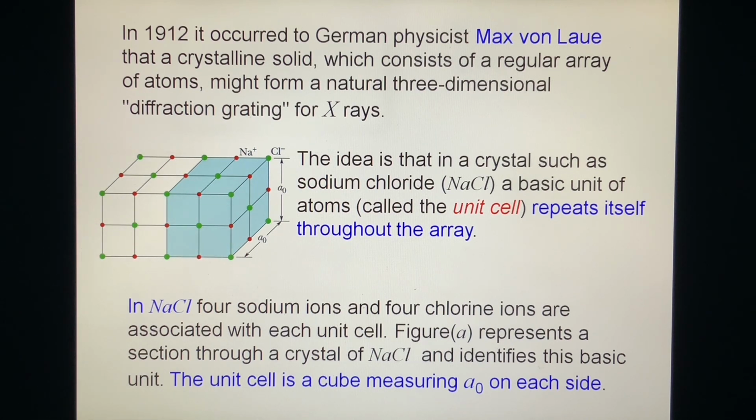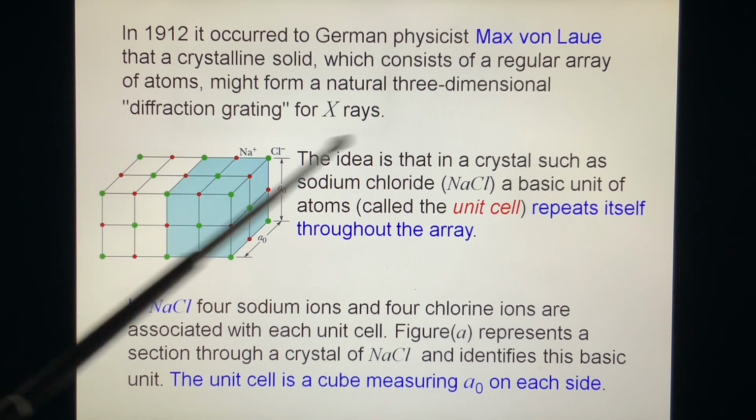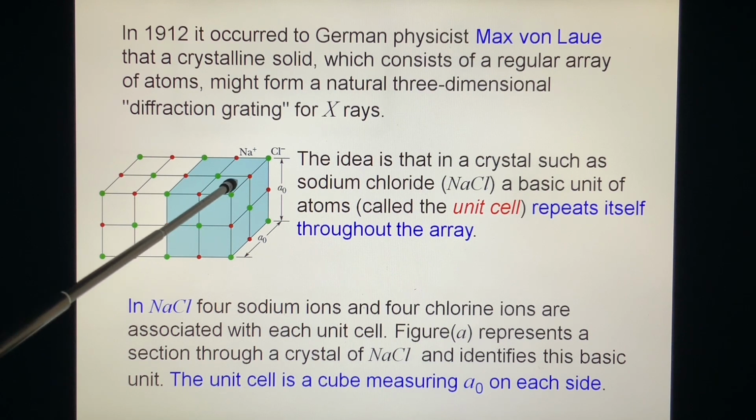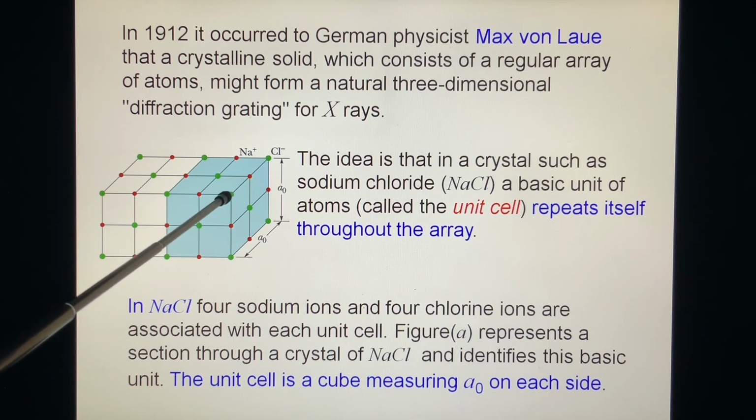The basic unit cell is a cube measuring a0 on each side. And you will have a question. You see, there are so many atoms in each unit cell. How come you see only 4 sodium ions and 4 chloride ions? Now, when we analyze, we find this chloride is on the corner.